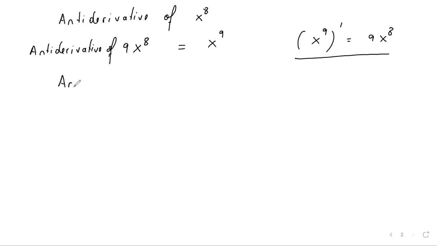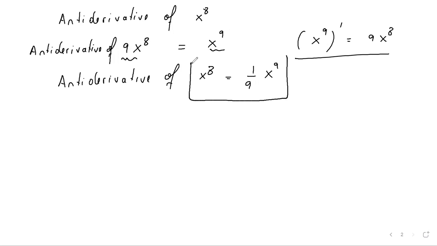So indeed, the antiderivative of x to the 8 is 1 over 9 x to the 9, because for 9x to the 8, I have x to the 9. So for x to the 8 itself, I would have 1 over 9 x to the 9. All right, so we got that. We got the antiderivative of x to the 8 being 1 over 9 x to the 9.